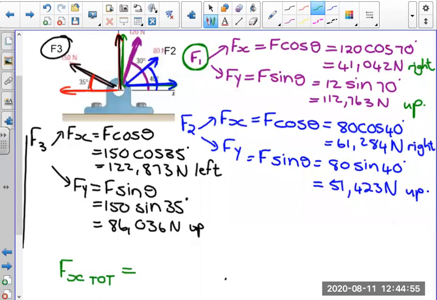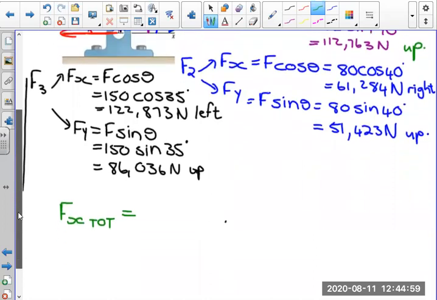So I'm going to start with F1, which is positive. So I can say F1, and I choose to the right as positive. F2's x component is also to the right, so I can say plus F2's x component, and then F3's x component is to the left, so then I'm going to minus that one.